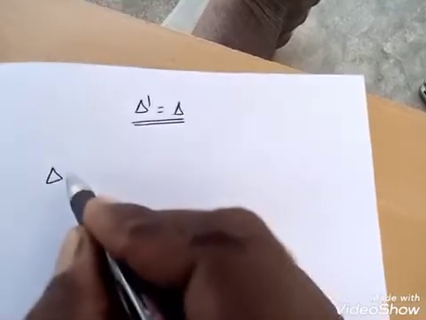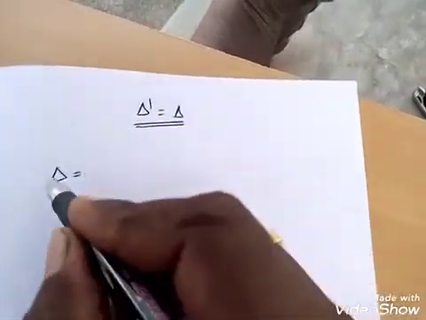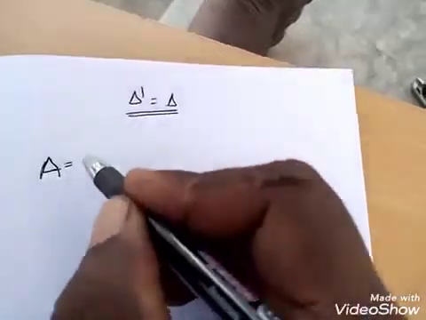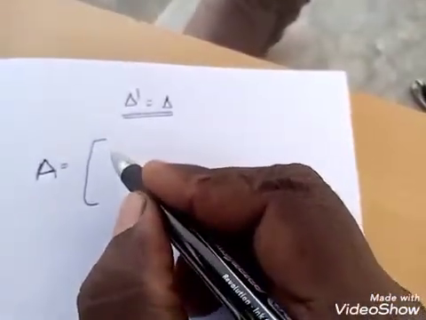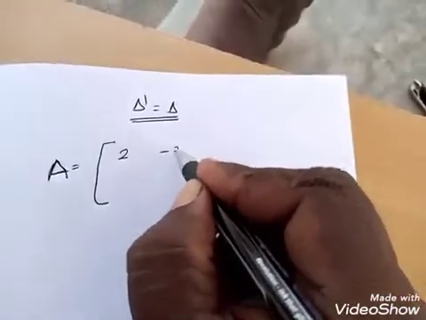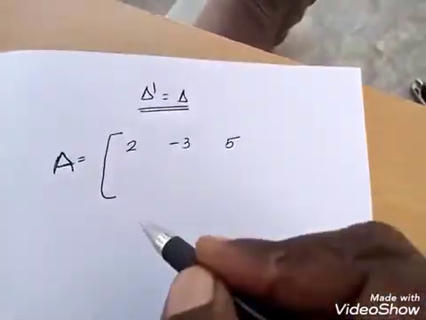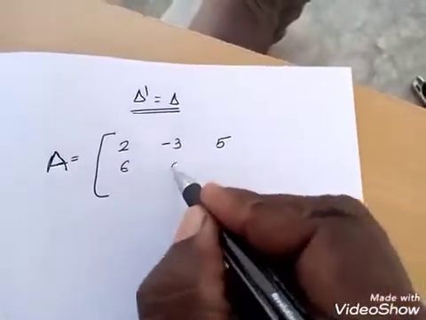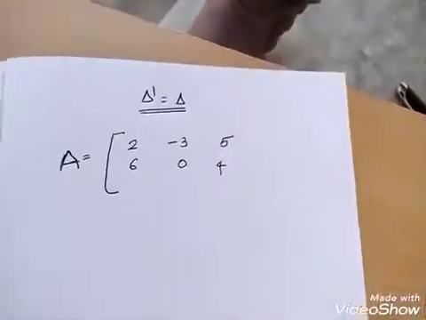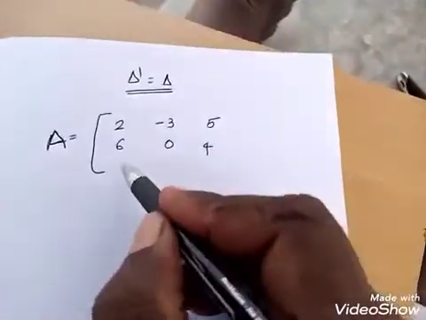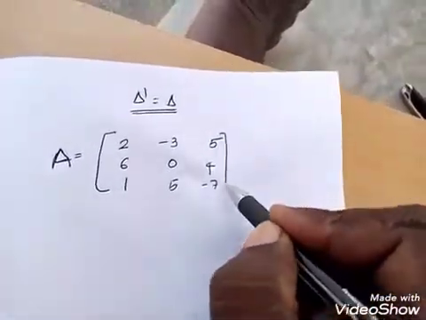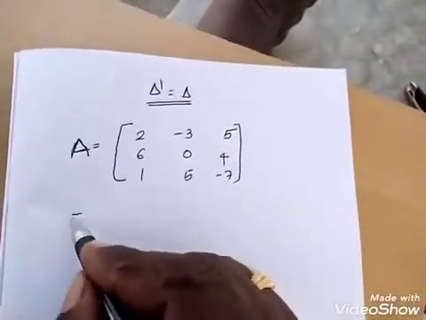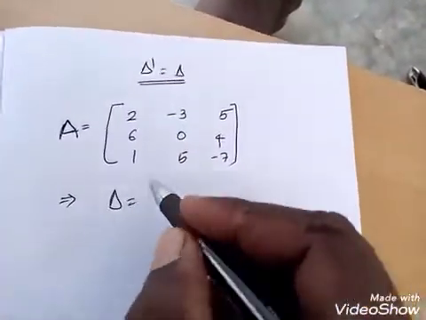Now observe an example. Taking a matrix A equal to 2, minus 3, 5; 6, 0, 4; 1, 5, minus 7. Now if I assume this as delta, what are you going to get?